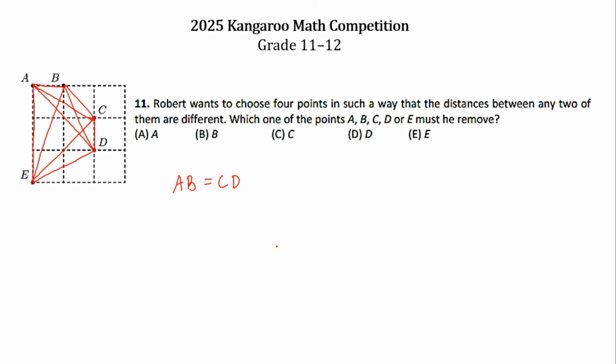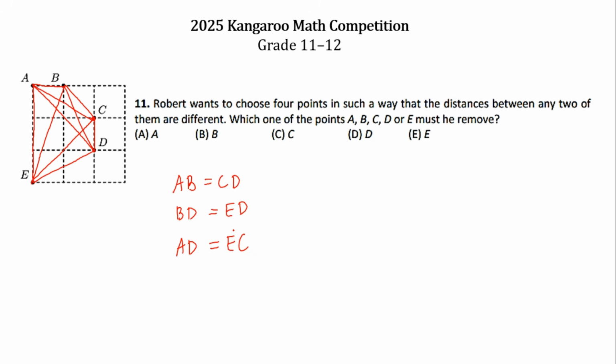Also, we have BD equals ED, and then we also have AD equal to EC. So it appears that we produced a lot of equal segments if we include point D.